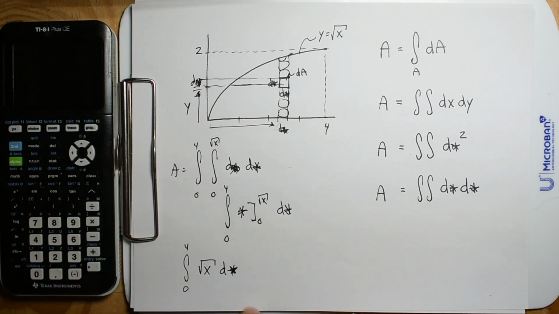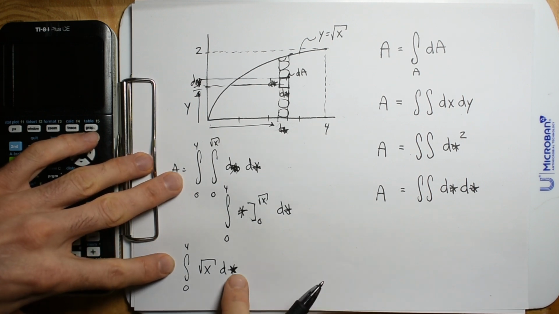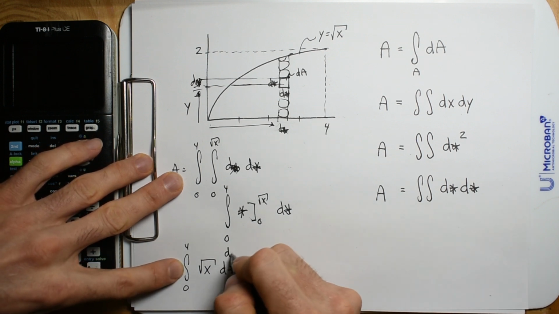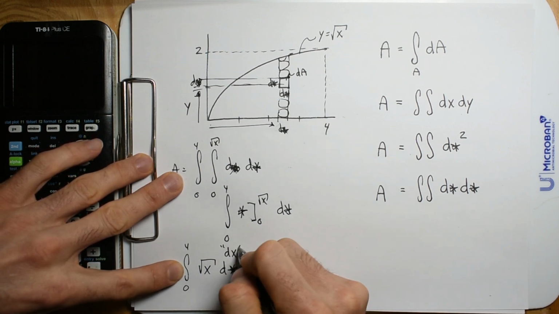I guess this is where you run into the issue, because, well, is this dx? That's the million-dollar question.